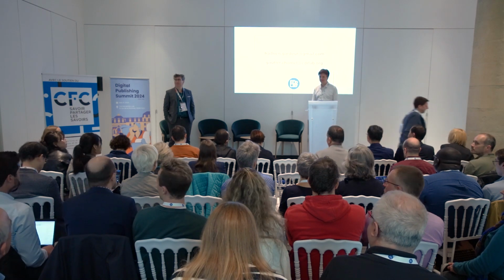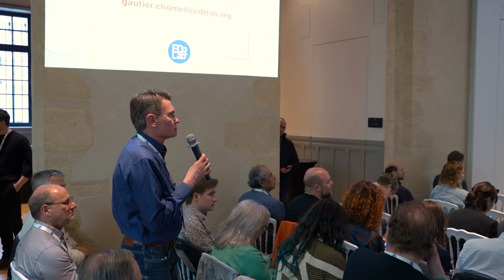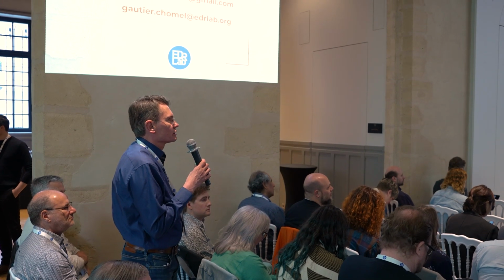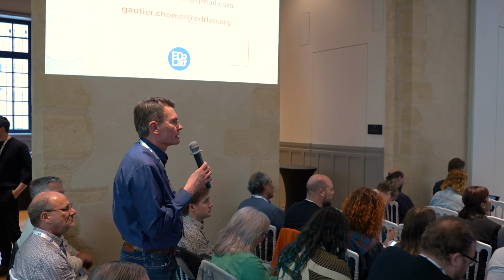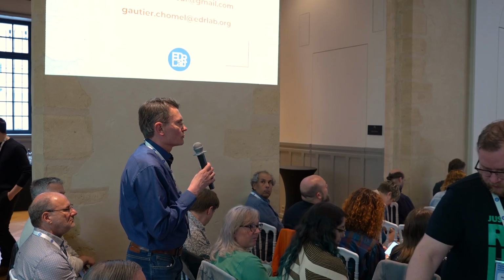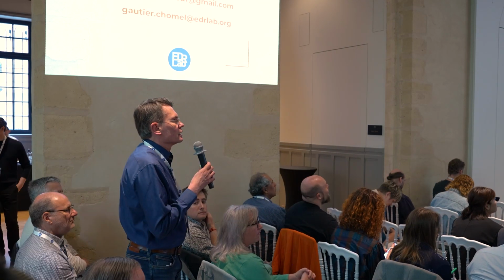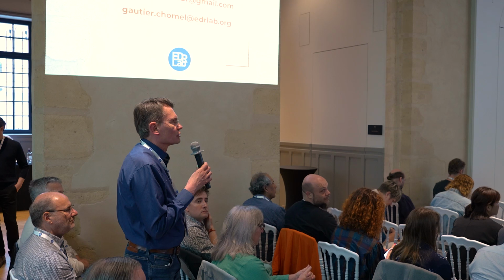Hi, thanks for your presentation. You told about the possibility to infer metadata from looking at the files, analyzing them. What I'm very curious about, there's a lot of ONIX fields to be filled. I think something about 100.